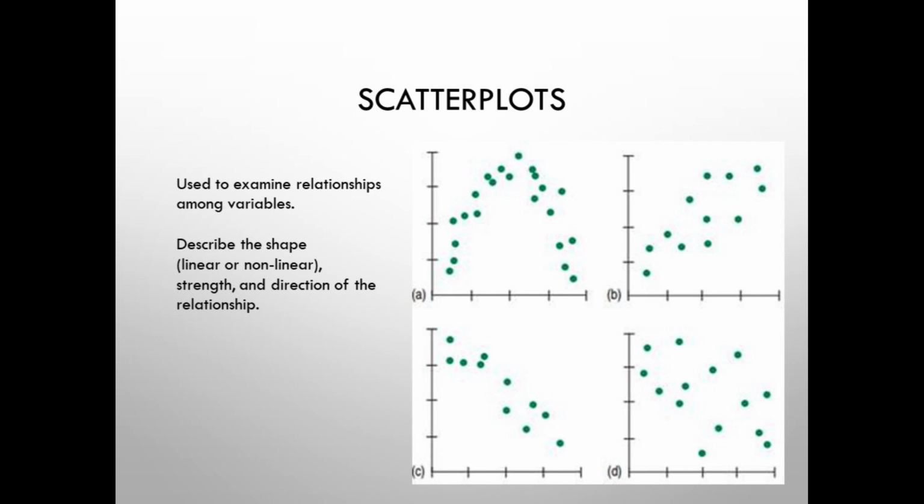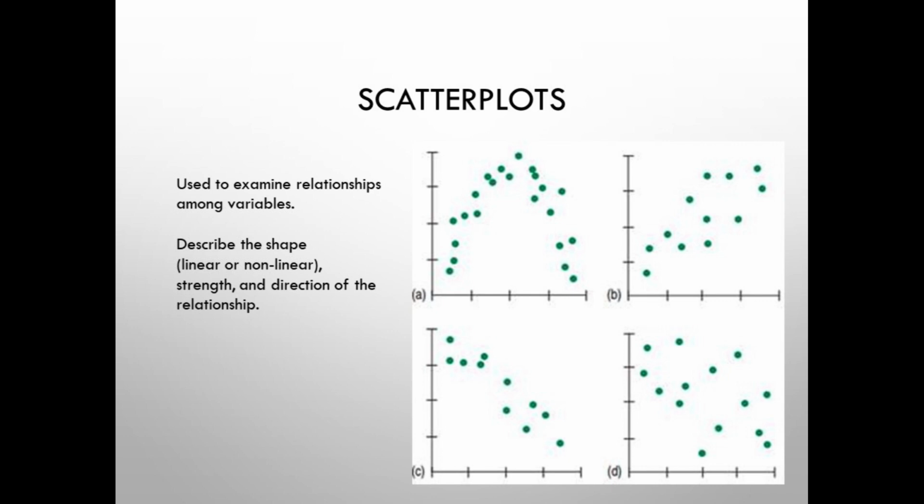In a negative relationship, like we see in example C, as one variable increases, the other variable decreases. For instance, we often see that higher levels of poverty are associated with lower levels of educational attainment.